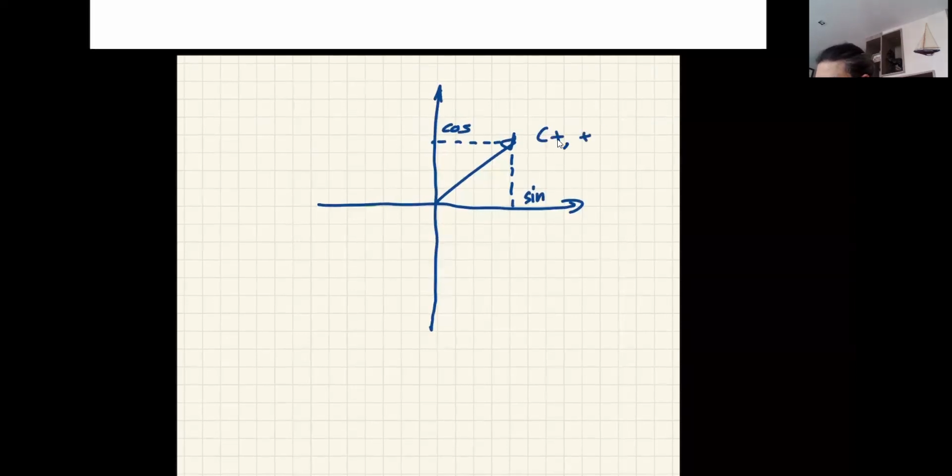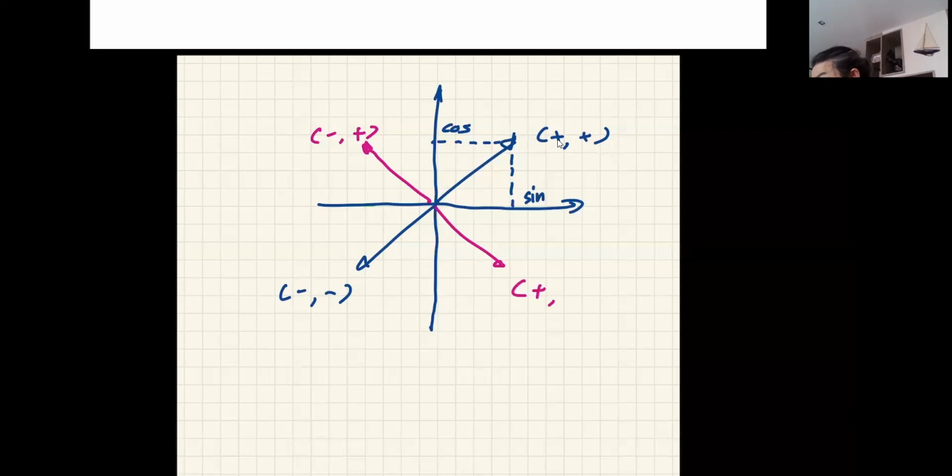If your vector is in the first quadrant, it's plus plus. If it's in the second quadrant, sine is minus, cosine is plus. If it's in the third quadrant, both become negative. And if it's in the fourth quadrant, sorry, it's negative and positive.